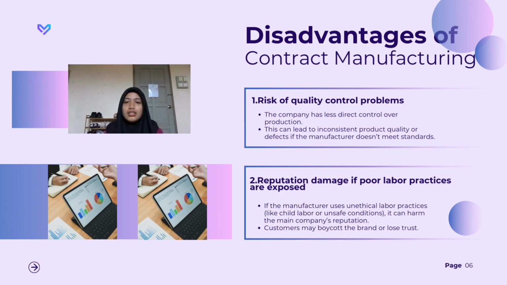Second, there is a risk of reputation damage if poor labor practices are exposed. If the manufacturer uses unethical practices, such as child labor or unsafe working conditions, it can negatively affect the main company's image. As a result, customers may lose trust or even boycott the brand.